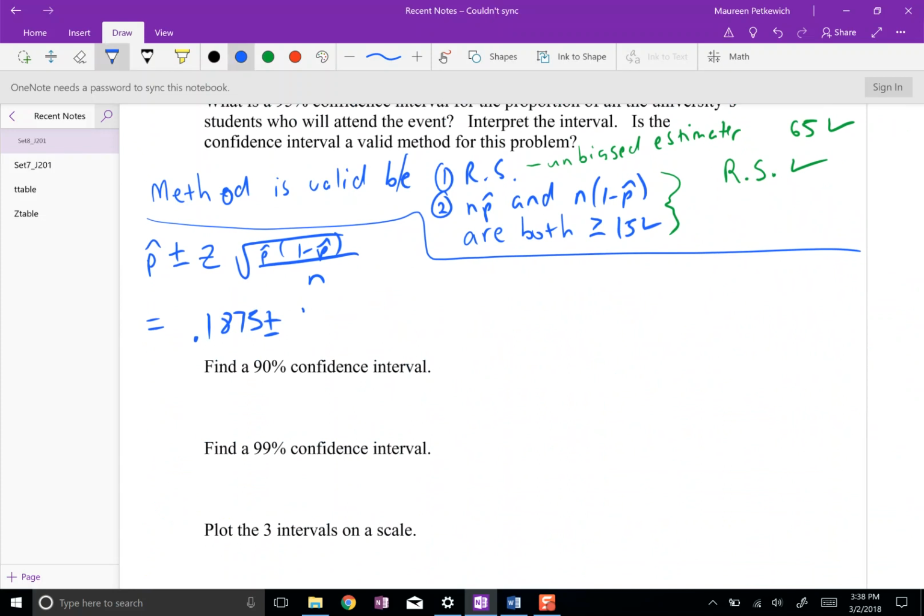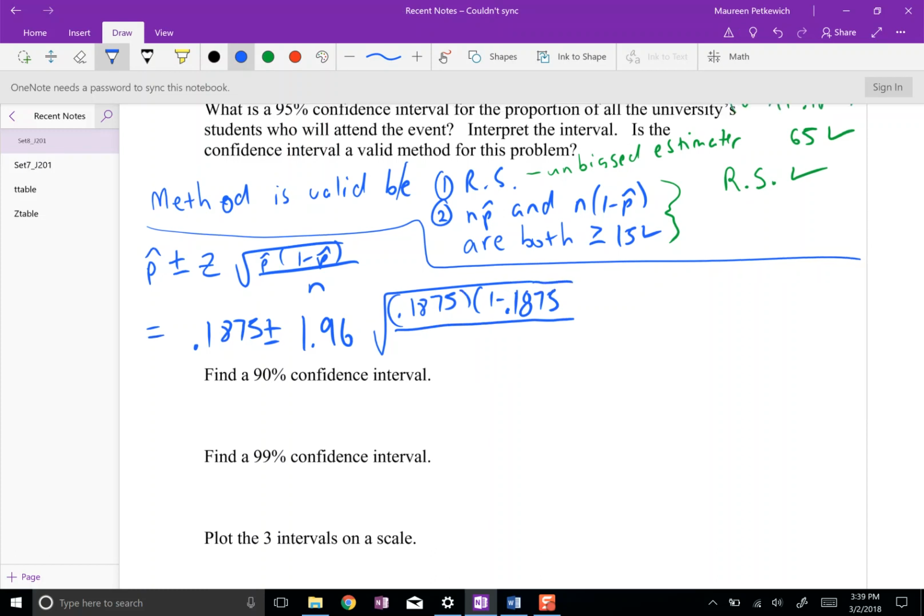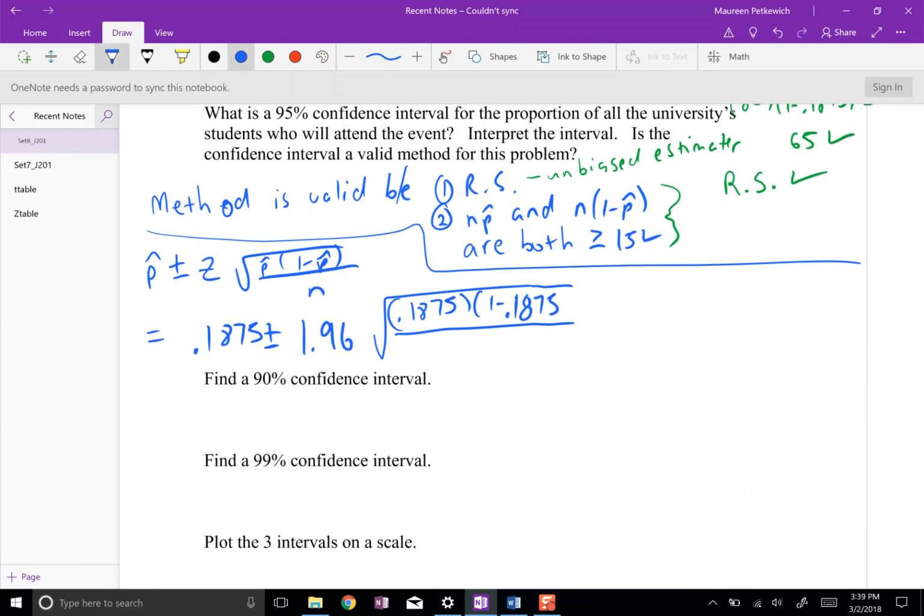So this is 1.96 for z times the square root of 0.1875 times 1 minus 0.1875, and this whole thing is over n, the total sample size, which is 80.